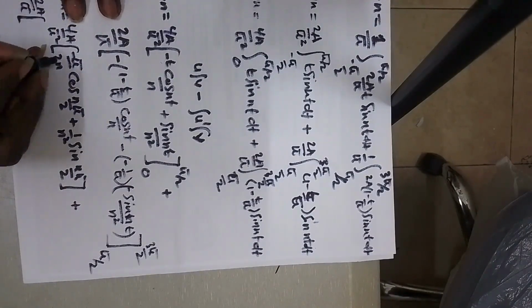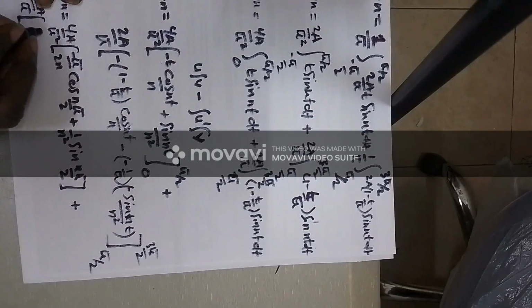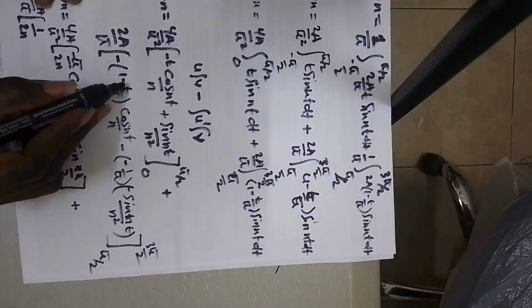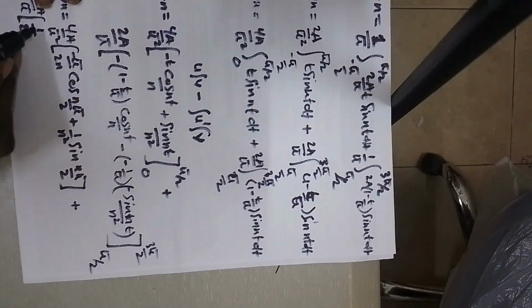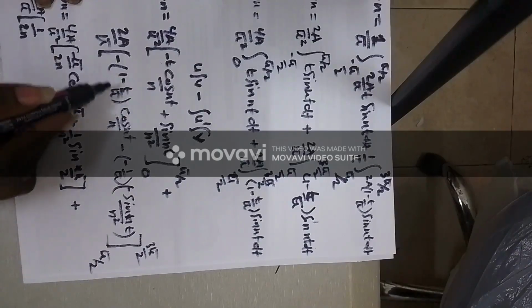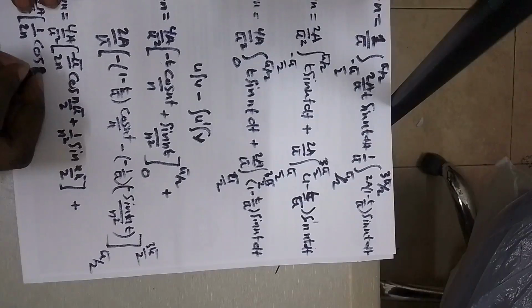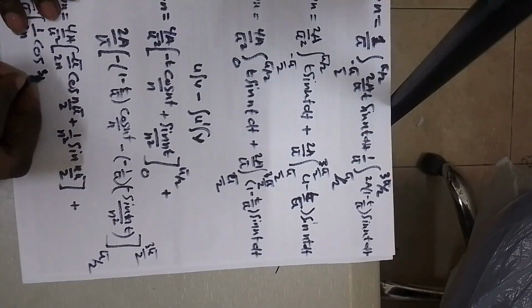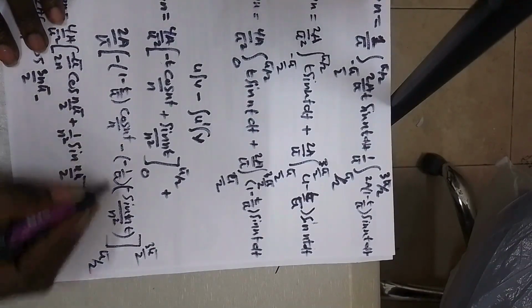Here I'm going to have 1 over 2n. If you have 1 minus 3 pi on 2 over pi, you're going to get 1 over here with respect to all the positive and negative signs. You're going to have 1 over 2n, and then you're going to have cos 3n pi over 2, minus, then you put it here also.